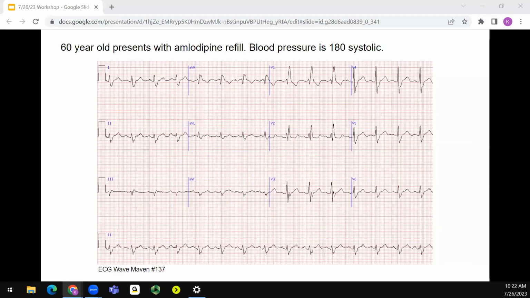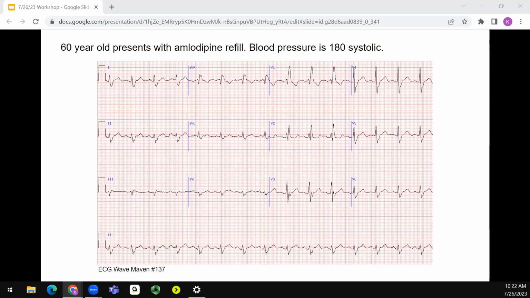What is this? A 6-year-old male presents with an amlodipine refill. This is their EKG. Sinus rhythm, P waves, pretty regular. What's the morphology?